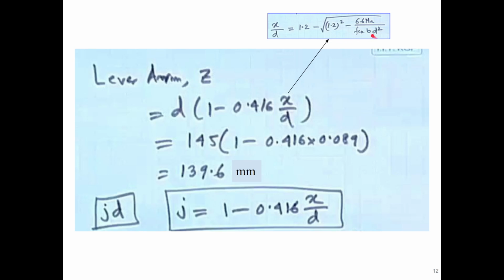Fck is 25, b is 1000, and d is 145. Substituting all these values, we get x by D as 0.089, and Z is equal to 145 into 1 minus 0.416 into 0.089, which comes to 139.6 millimeter, approximately 140.